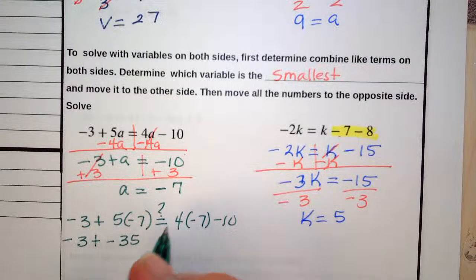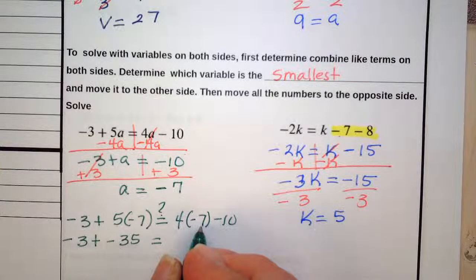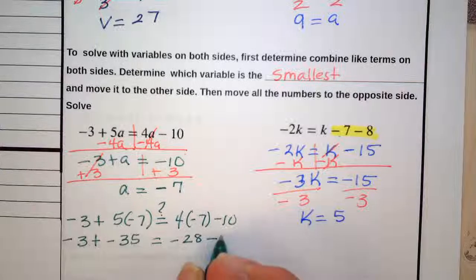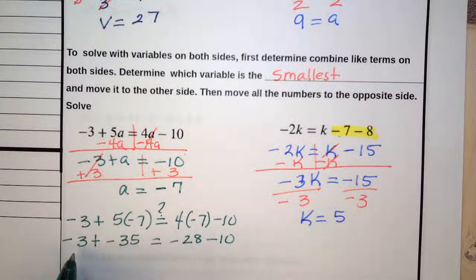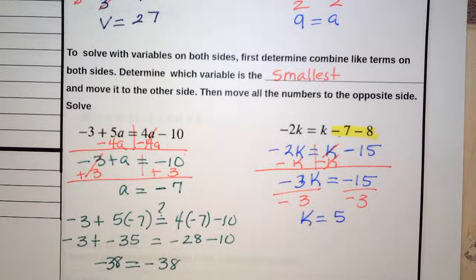Is it equal to 4 times -7 is -28 minus 10 more. -3 plus -35 is -38, and it is equal to -38, and we have done it correctly.